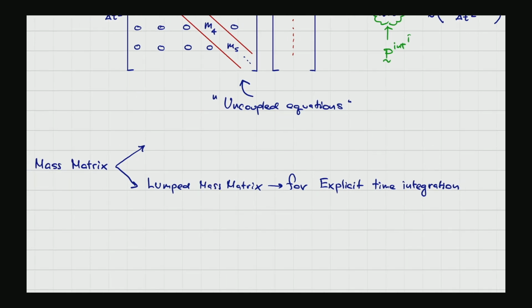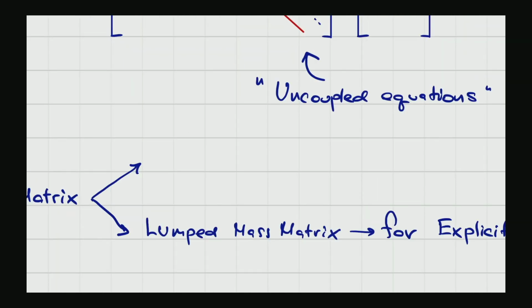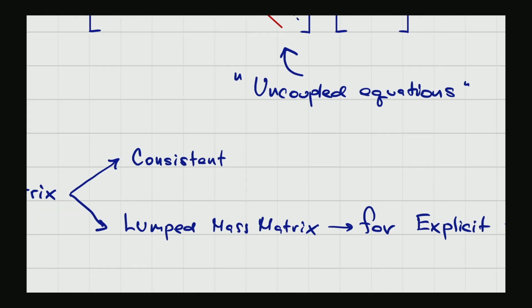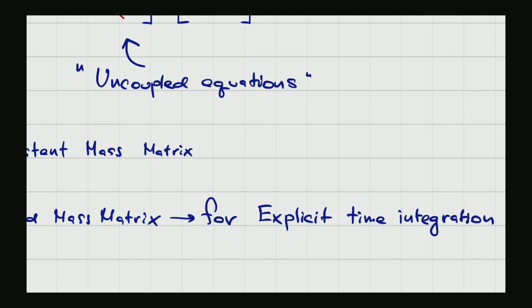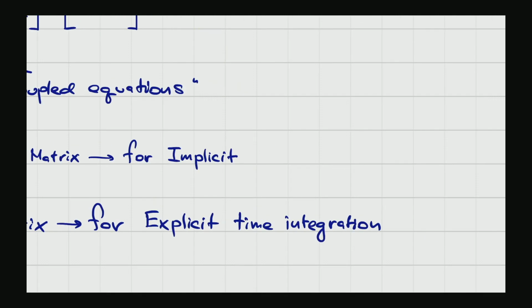The next one is the consistent mass matrix, and it is for implicit time integration.